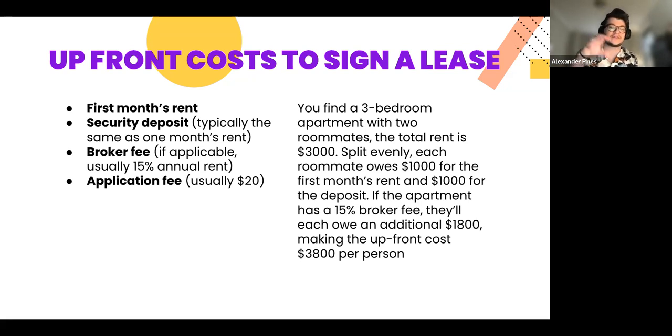That's the $3,000 monthly rent times 12 months, 15% of that, divided by 3, which is $1,800 per person. So for this sample $3,000 apartment with a broker fee, each person will need to pay $3,800 to move in, which is a lot of money.